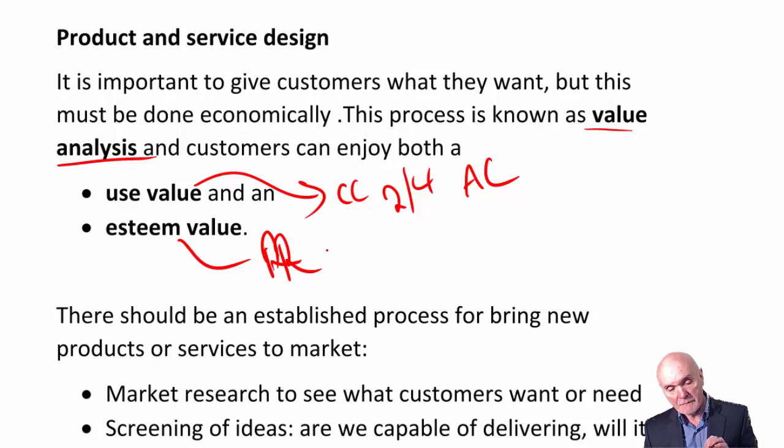Now, in many ways, this is not going to hurt the use value. The seats could be just as comfortable with a textile covering as with a leather covering, but of course it's going to hurt the esteem value. People perceive an element of luxury with leather seats that they don't perceive with textile seats.